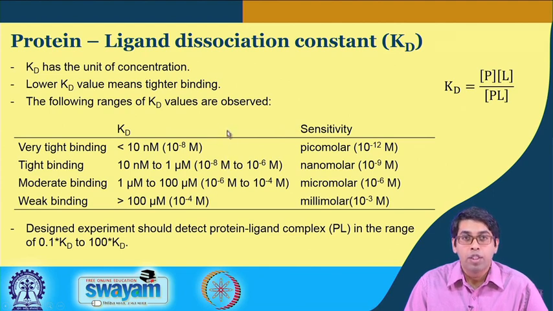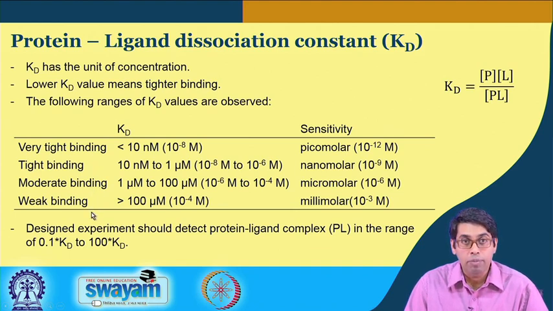Okay. So, it turns out that a particular experiment cannot be used for this wide range of binding constants that are observed in nature. So, some experiments are very good in this range for very tight and tight binding. We will see one example. So, EMSA, it is very good in this range, but it is not that good for moderate or weak binding.